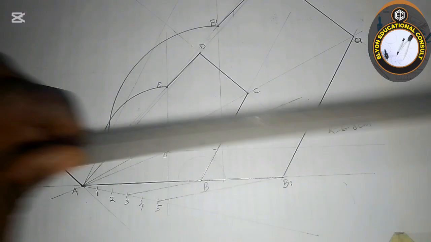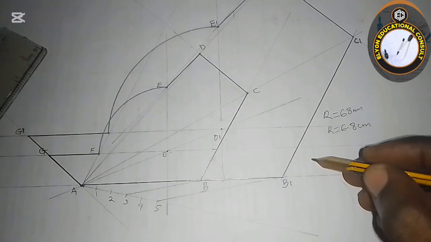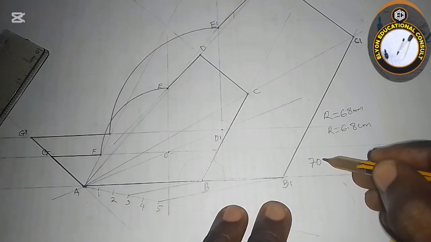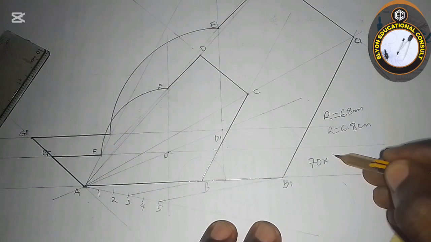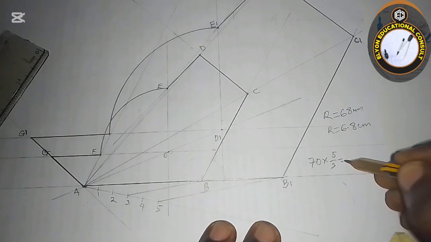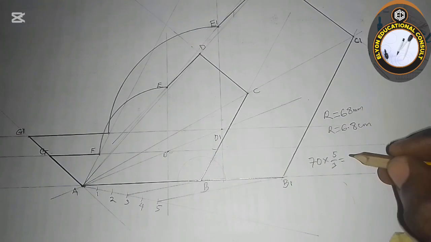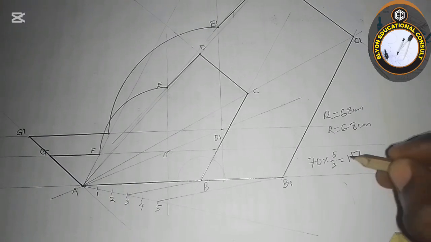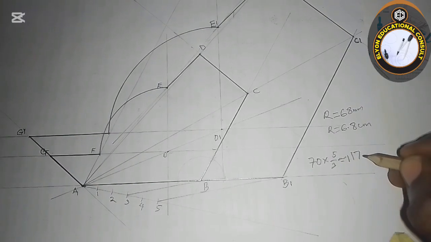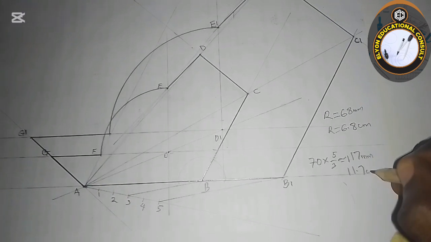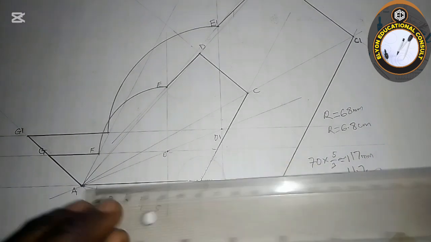So let's check if it will correspond. 70 multiplied by the ratio, that is 5/3. So let's quickly do this. That will be approximately 117 millimeter, that is 11.7 centimeters. So let's measure that now to check.